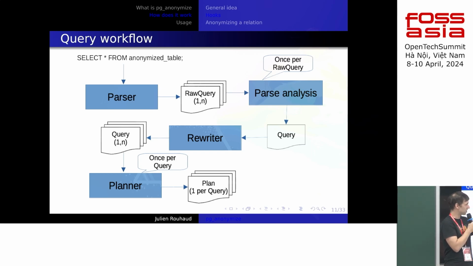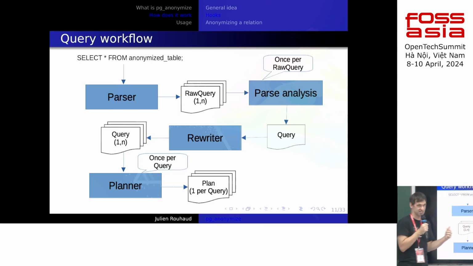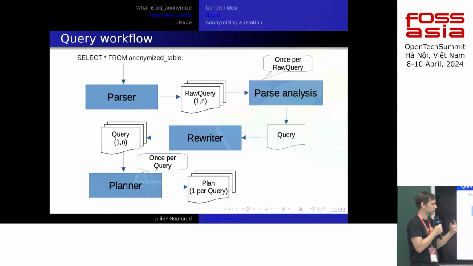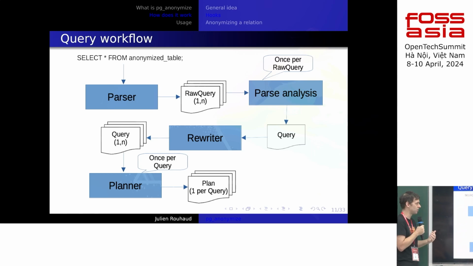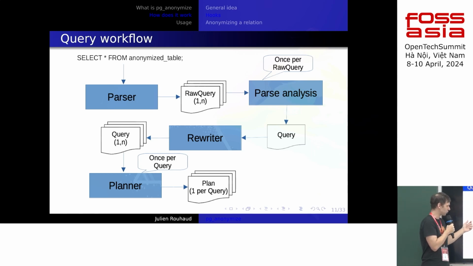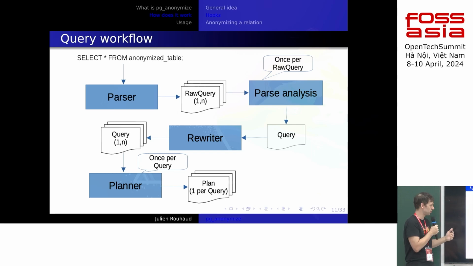Each raw query goes through the parse analysis stage and outputs one query per raw query. This then goes to the rewriter, which is what we use when you have a view or rules on any of your tables.